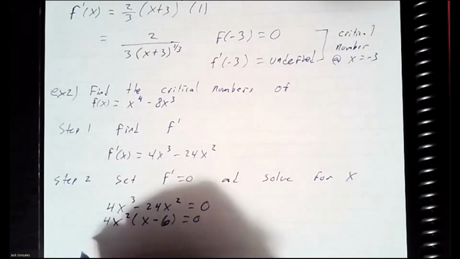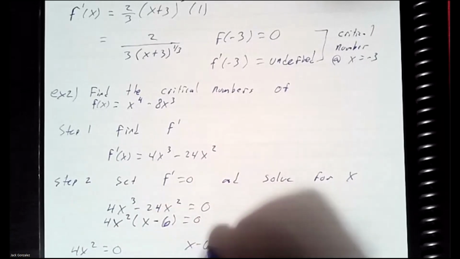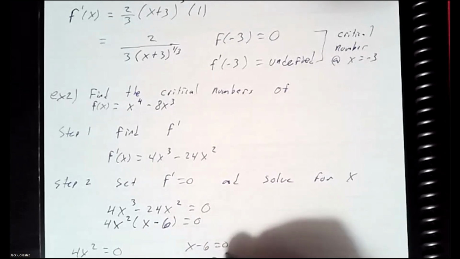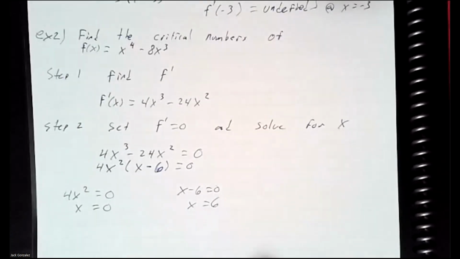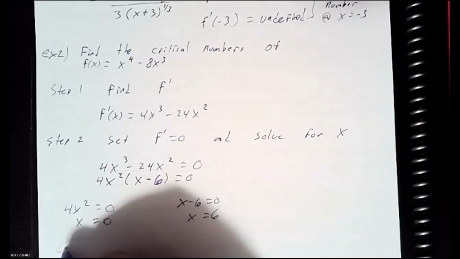Okay, so set each part equal to 0. So x is 0, x is 6. So these are my critical numbers.